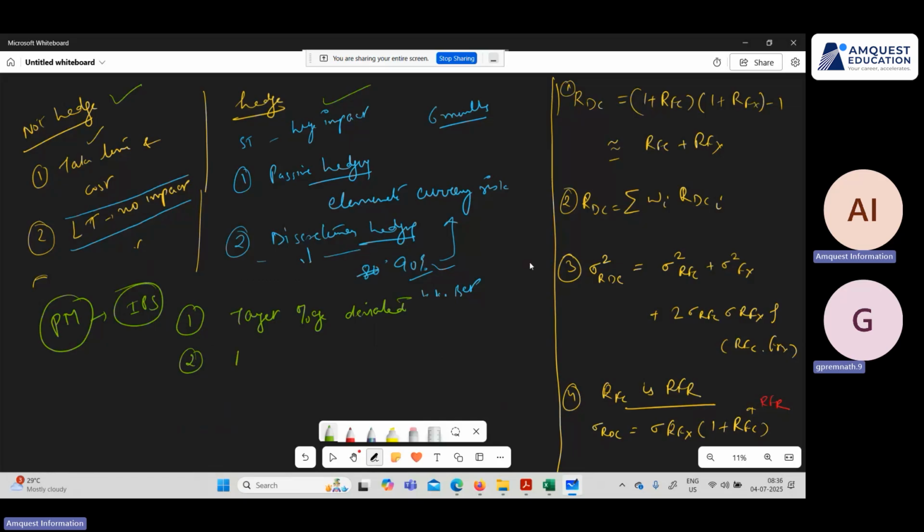Or maybe you can say the allowable discretion that the manager could have, right? Another important point is what is the frequency of hedging, right? Because the currencies are volatile every day, and I'm going to talk about this a lot in some time when I'm going to teach you dynamic hedging.